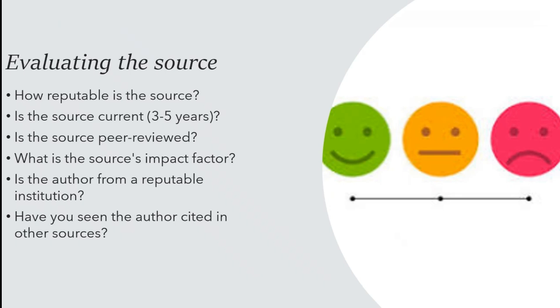Then, is the source peer reviewed? Now you will see that peer review is where an author will submit an article to a journal, it's sent out to 2 or 3 reviewers that will look at the quality of the article, the scientific relevance of it, and it might go through a number of peer reviews before it's published.